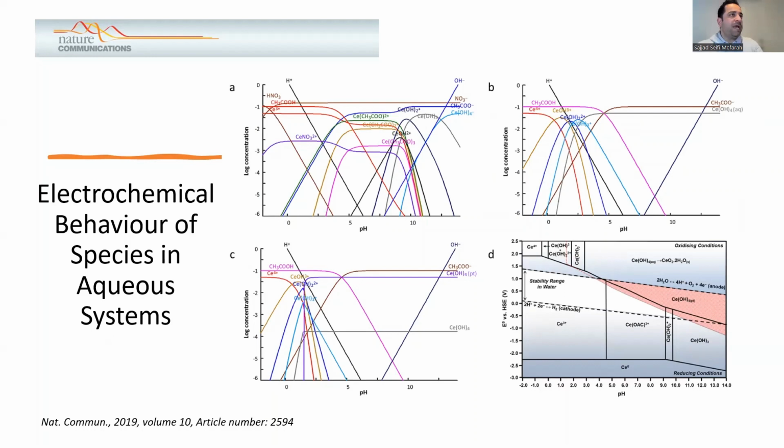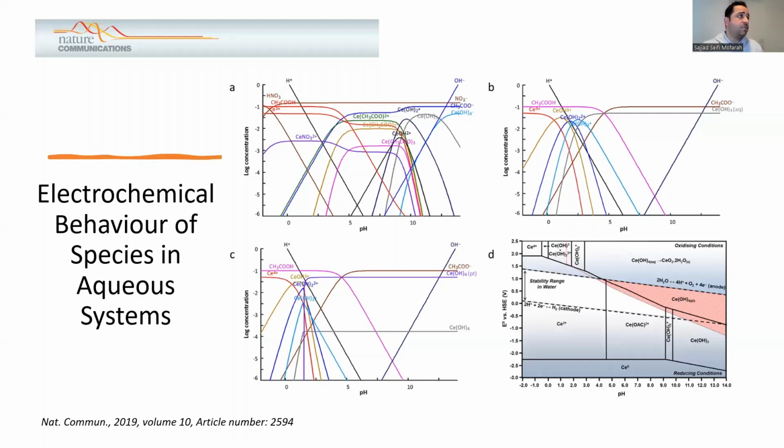In this work, we have done fundamental electrochemistry on cerium oxide, and two things that we studied were the aqueous stability of different cerium species in aqueous solution, and the second was to design a Pourbaix diagram for cerium oxide.